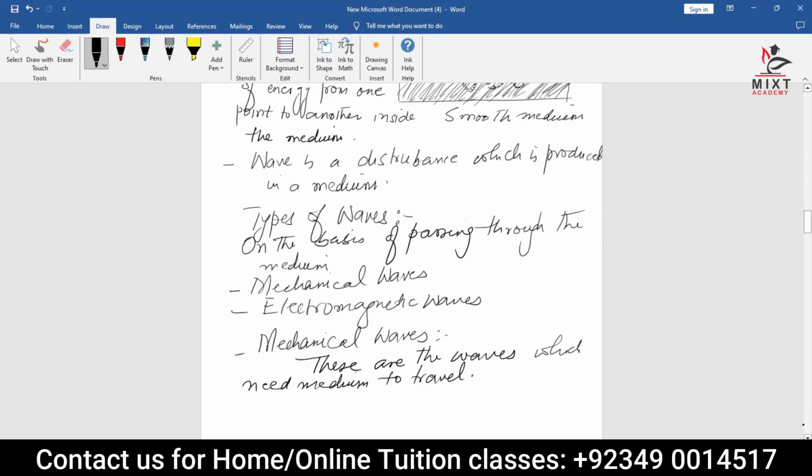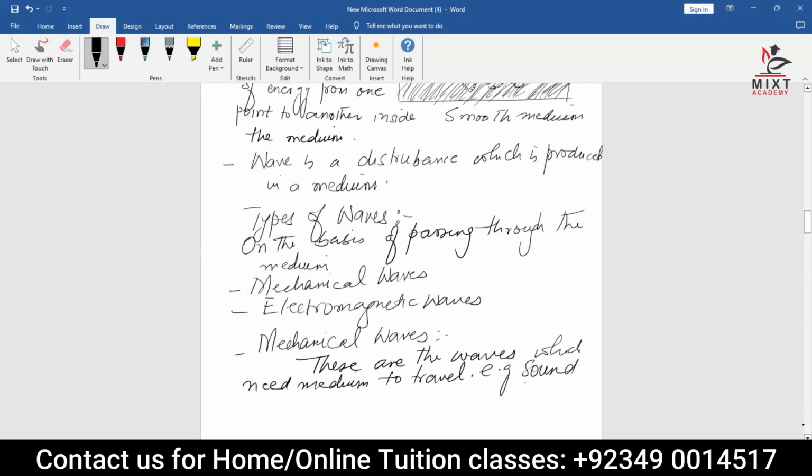Without air, if you even speak, nobody can hear you because there will be no sound wave. If you're talking about water wave, you need water to be there because if there is no water, there is no wave. So these are the waves which need medium to travel. Without medium, no waves.